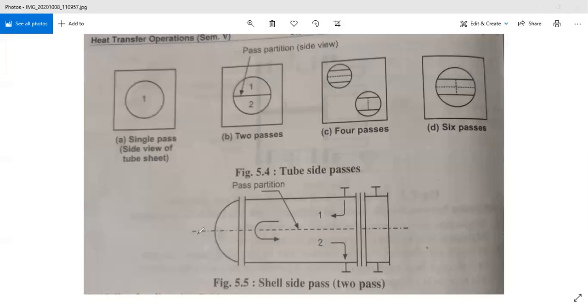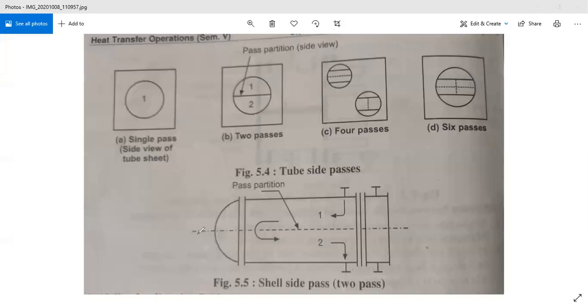So there are various types of functions which may be conducted in the industry, and that is why, on the basis of these functions, we have classified this heat transfer equipment, which is mainly used in the chemical industries, as discussed in the previous lecture.